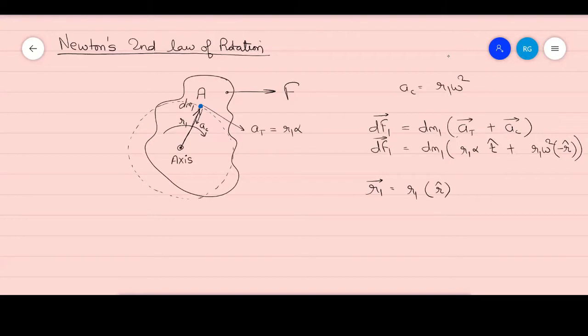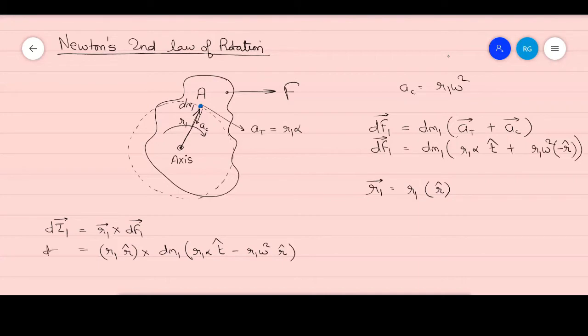Now the torque d tau 1 will be r1 cross dF1, which is r1 r cap cross dm1 times (r1 alpha t cap minus r1 omega square r cap).